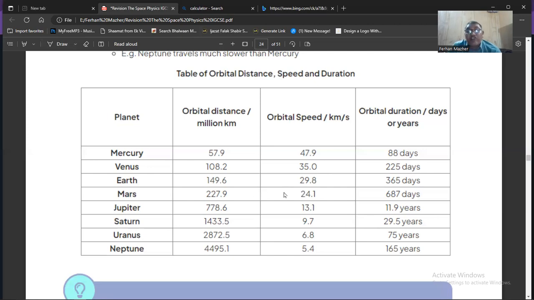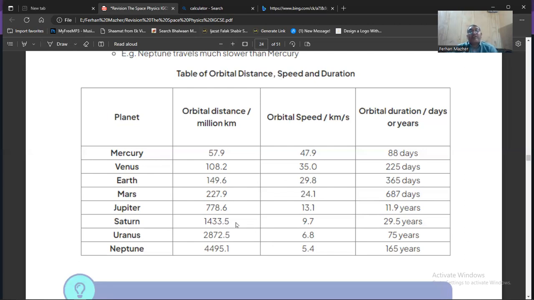Its orbital speed is 24.1 kilometers per second, and its orbital duration is 687 days. Jupiter's orbital distance is 778.6 million kilometers, its orbital speed is 13.1 kilometers per second, and its orbital duration is 11.9 years.